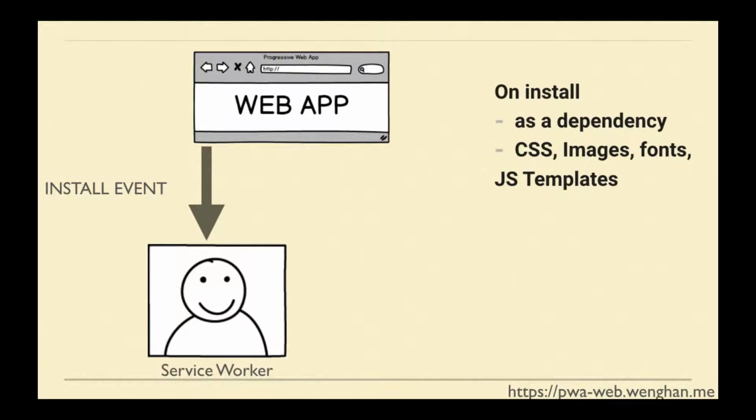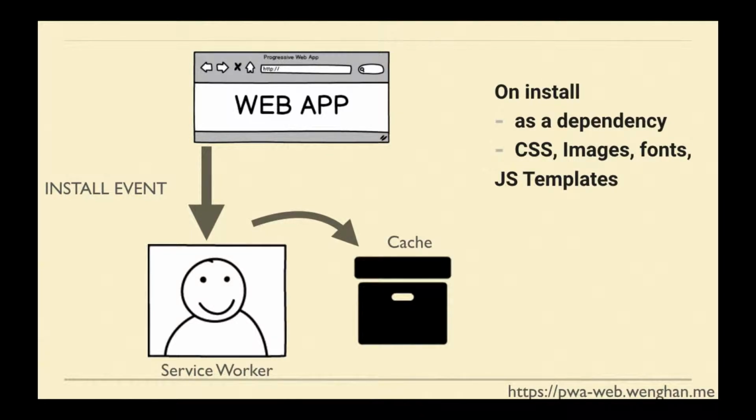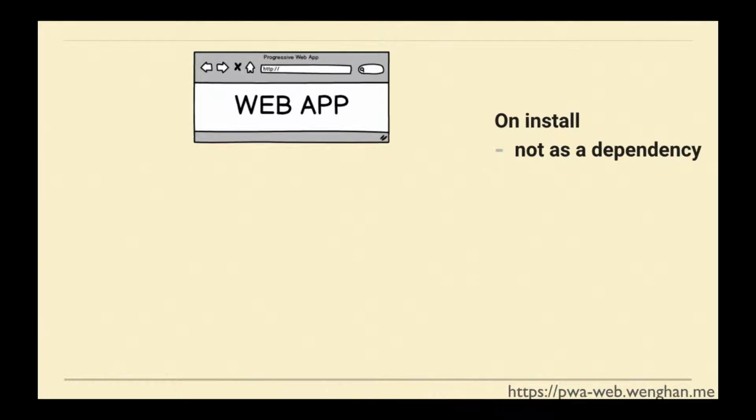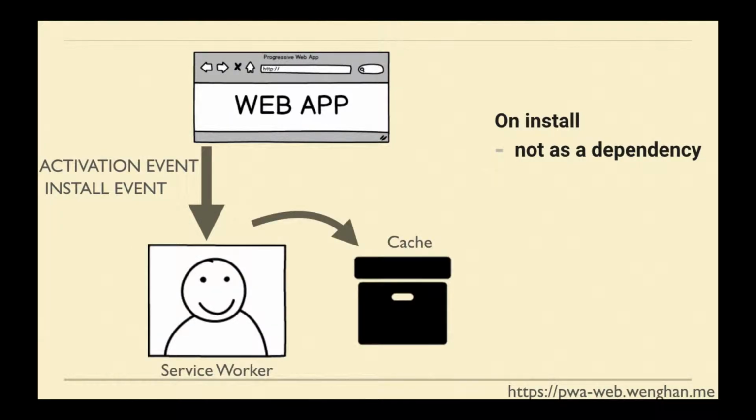The service worker listens to the install event, typical JavaScript, and in the install event, you save to the cache, and then you return, and then we trigger the activate event. On install, not as a dependency, meaning that this is a faster way: you install and put it into cache and activate at the same time. So it reduces the time of caching.